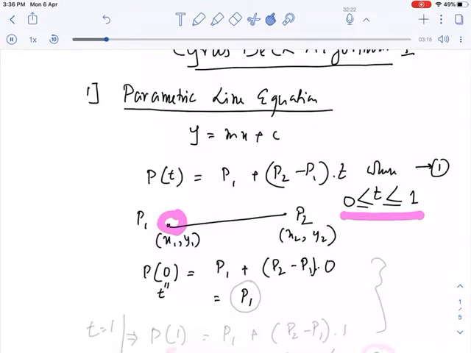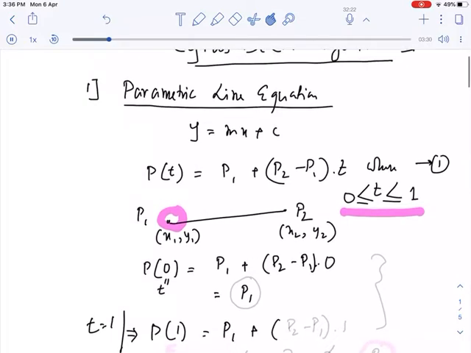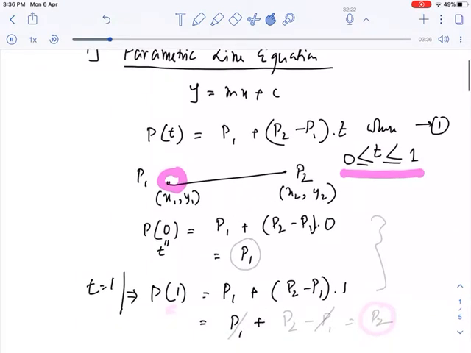Now if I consider t equals to 1, what is the value of p? I'll get p equals to p1 plus (p2 minus p1) into 1. So after cancellation it becomes p2.